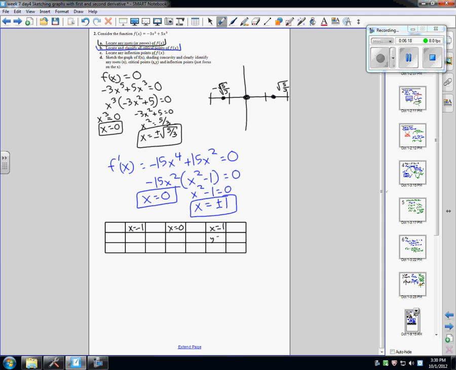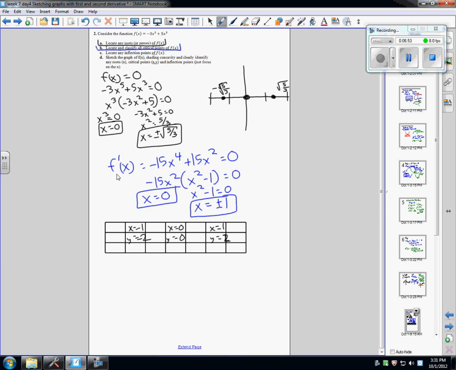I need to get my y values, and my y values are still in black, by just plugging in. When I plug in 0, that's easy, I get 0. When I plug in 1, I get 2. Let me erase that and put in a 2. And if I plug in negative 1, I get negative 2.